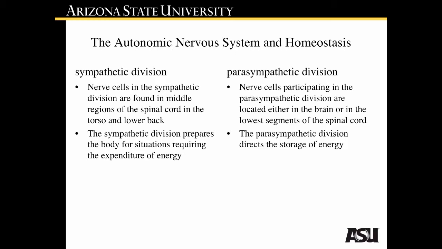Alternatively, the parasympathetic division, these are located in the brain or in the lowest segments of the spinal cord, and these tend to direct the storage of energy instead of the expenditure of energy. So again, the sympathetic division focuses on expending energy really fast, whereas the parasympathetic division is responsible for recovering and storing our energy.